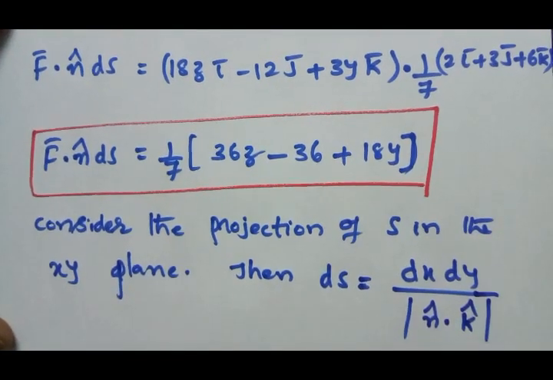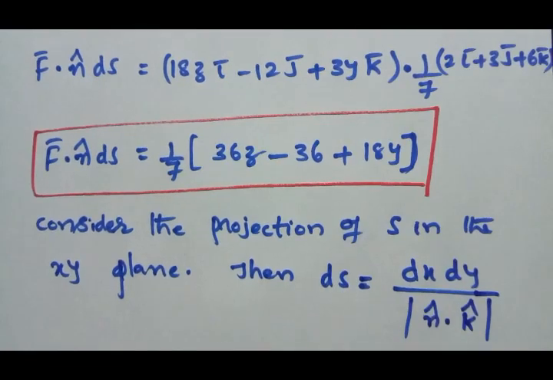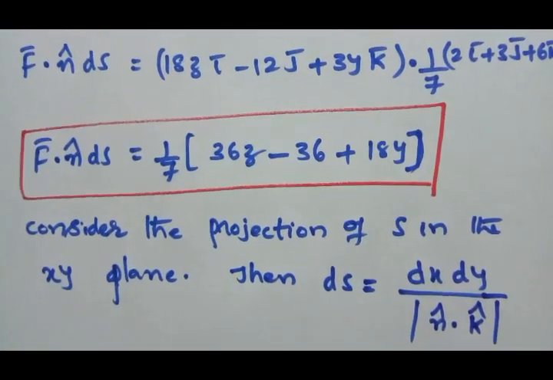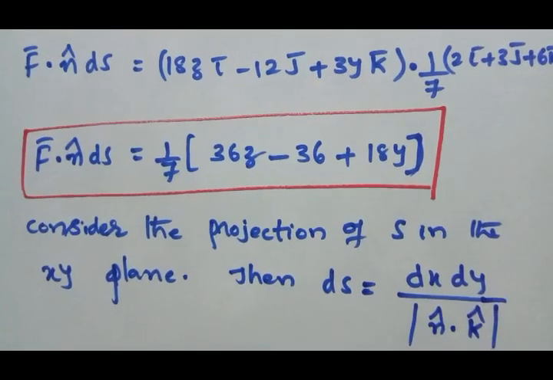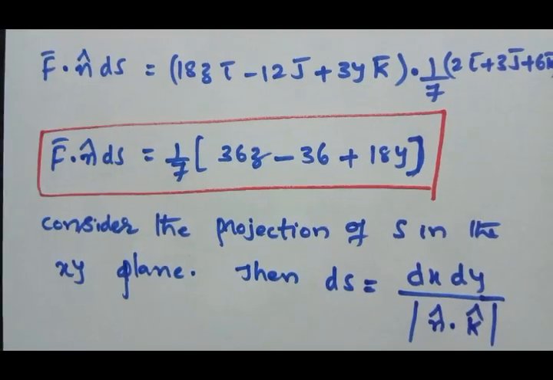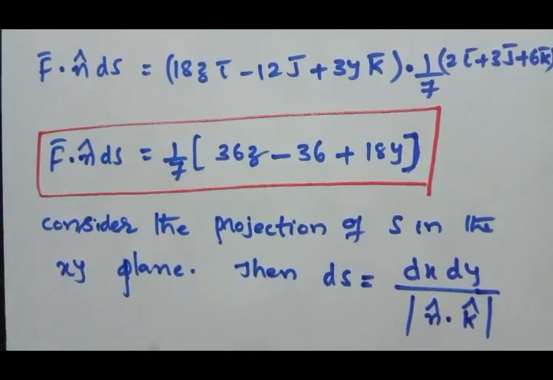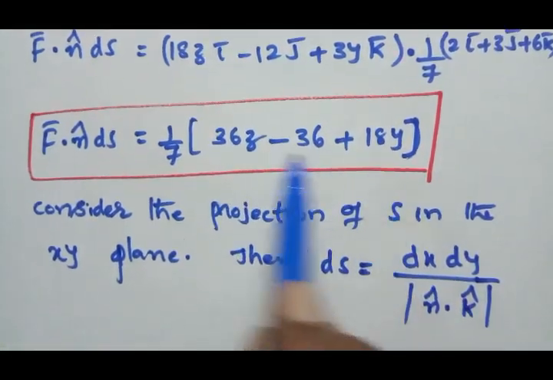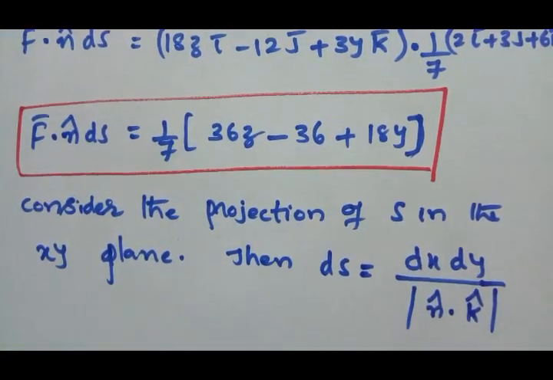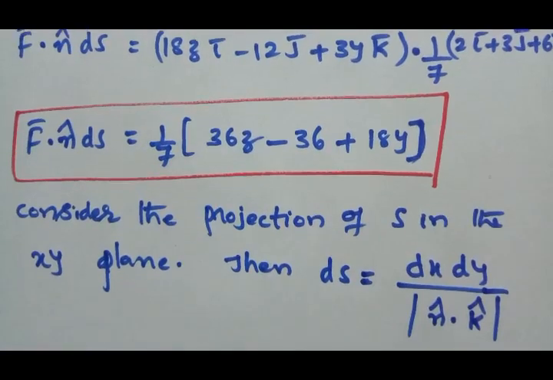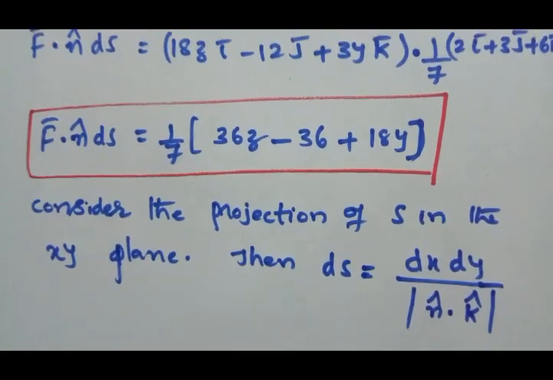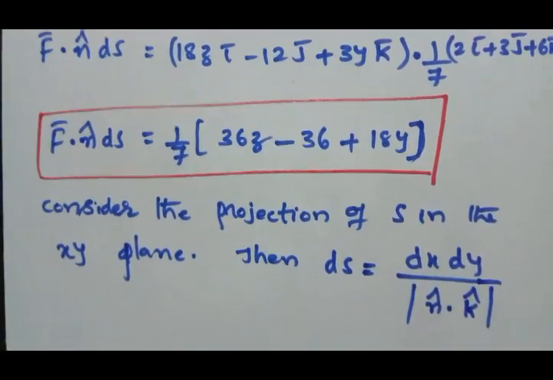Here you may get a doubt: in which plane shall we consider the projection of S? Here, for f bar dot n cap, in the plane del phi, phi is 2x plus 3y plus 6z minus 12 is equal to 0.